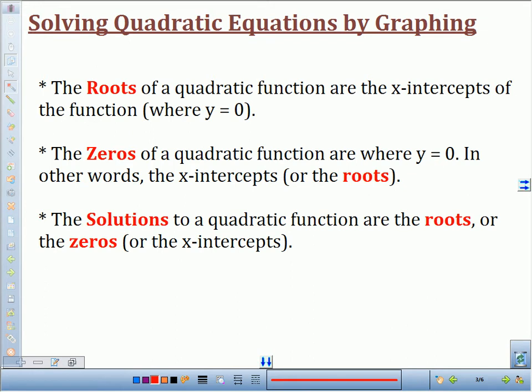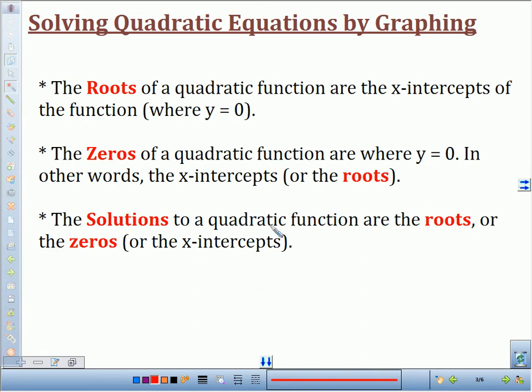The zeros of a quadratic function are where y equals 0, thus the term zeros. In other words, we're looking for the x-intercepts. These are also the roots, so very much the same thing. Finally, the solutions to a quadratic function are the roots, or the zeros, or the x-intercepts.